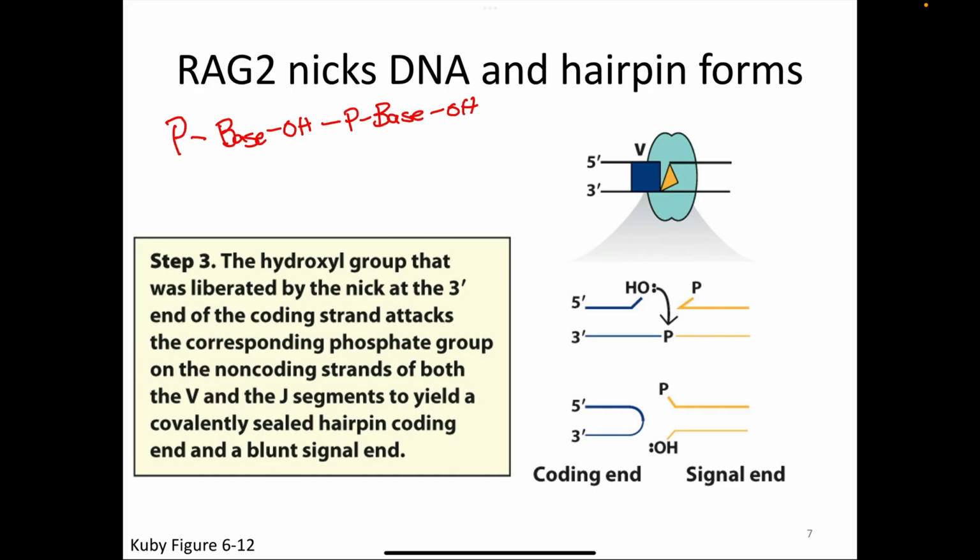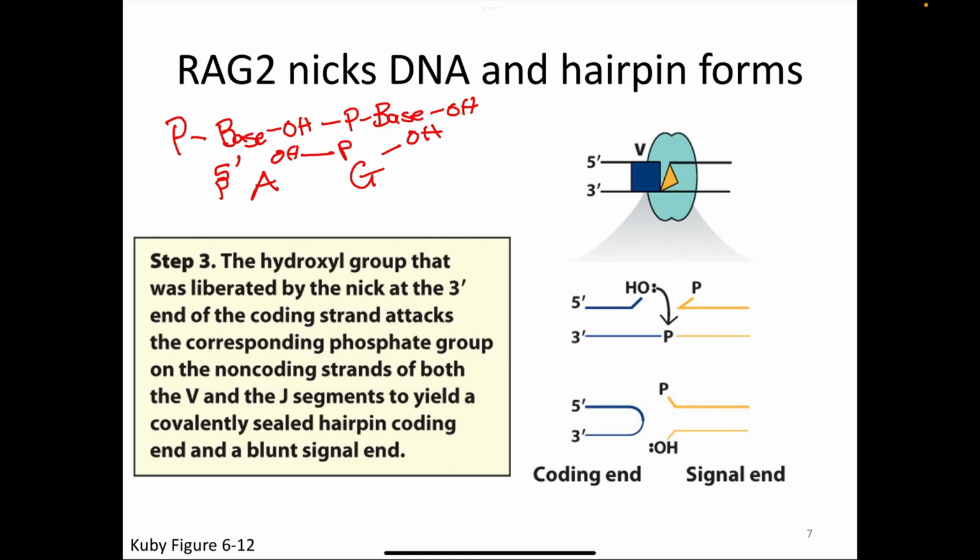Like 5' phosphate, A, OH is bound to the phosphate of G, and then there's OH, right? This is my very intense chemistry that we're seeing here. So you see how we have those phosphates and those OHs bound together on either side of the base.